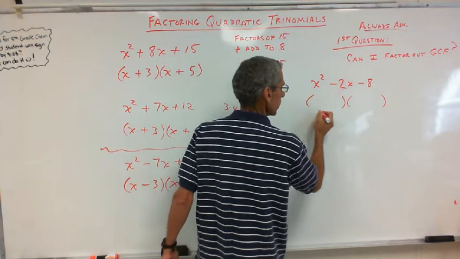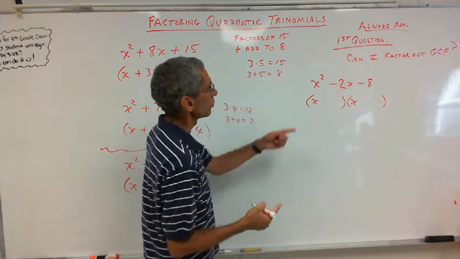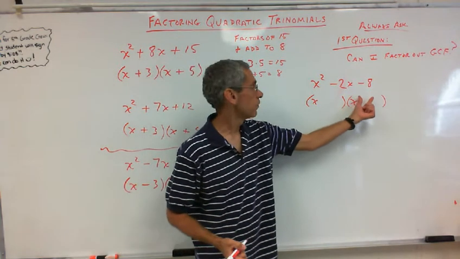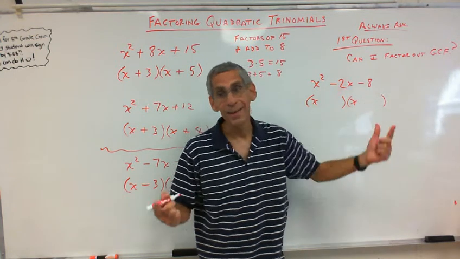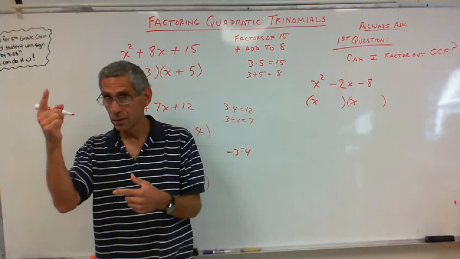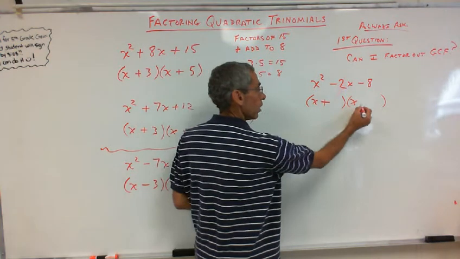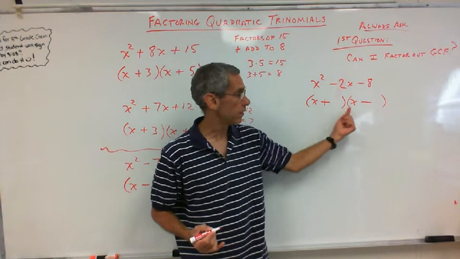So I'm going to have x here and x here, because that's how I get my x squared. There's no greatest common factor that I can do. Now I'm asking myself, I want factors of negative 8. The only way I can get negative 8 is if one of them is negative and one of them is positive. So I put my plus and my minus right there.